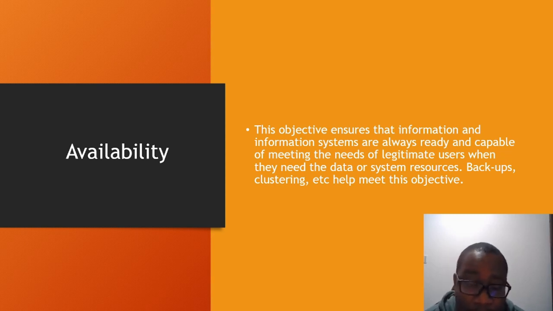So availability, i.e. having backups of data, having clusters of data, will help banks or other organizations that use IT systems. Say they get hit with ransomware. Someone hacks them and says, we're holding your information hostage and you have to give us 100 Bitcoins to get it back. The availability of that banking system or whatever IT organization is going to be down. So if I have a mirrored backup of all the data, I could say, okay, bad guys, you can take my data, I have my backup right here.